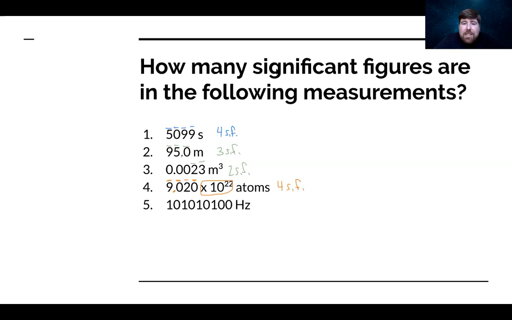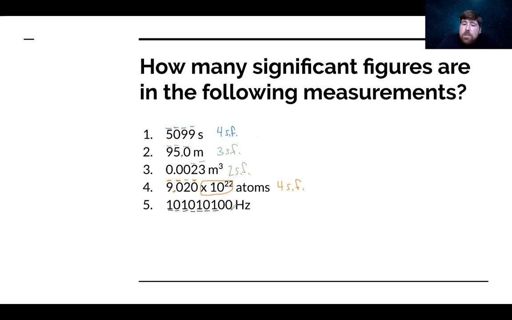And the last crazy fun number that we have here is 1010101000 hertz. Kind of feels a little bit binary there. But let's go ahead and get started with it. We know that the ones are significant, and we know that all of the zeros in between each one of the ones is significant as well because they are trapped zeros.